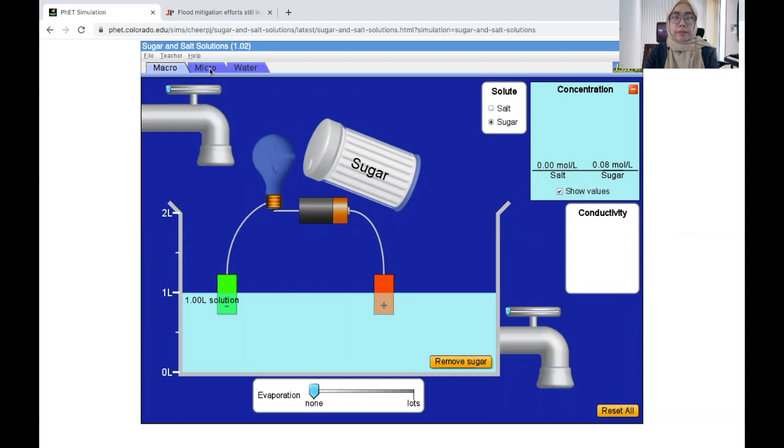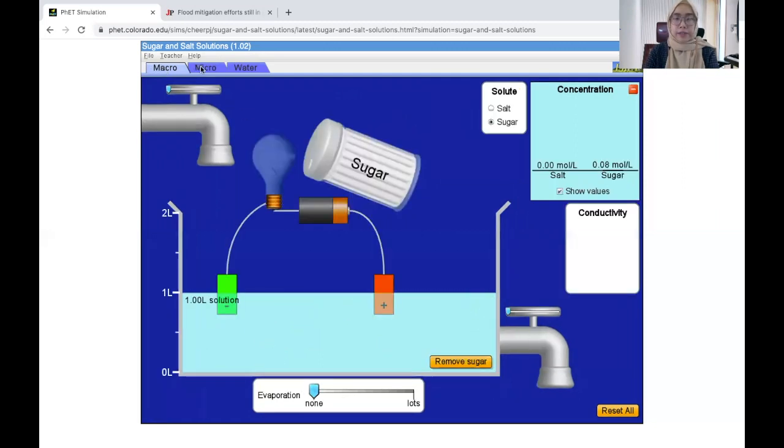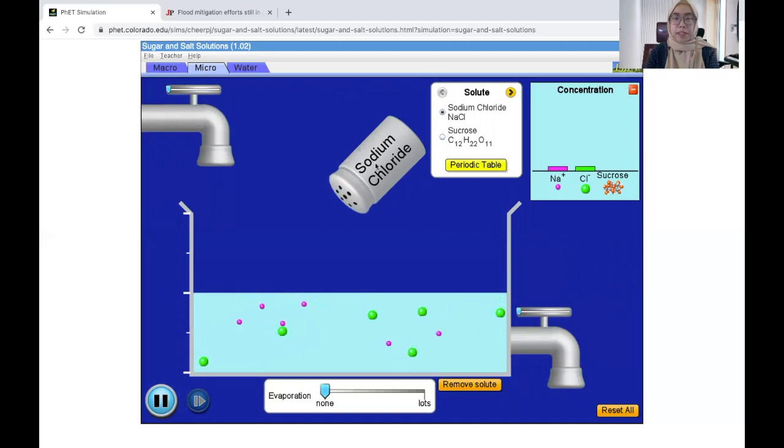If you look at the microscopic level, the sodium chloride or the salt that we checked contains natrium and chloride, natrium chloride. In the sodium chloride solution, atau di dalam larutan garam, we have natrium ion and chloride ion.